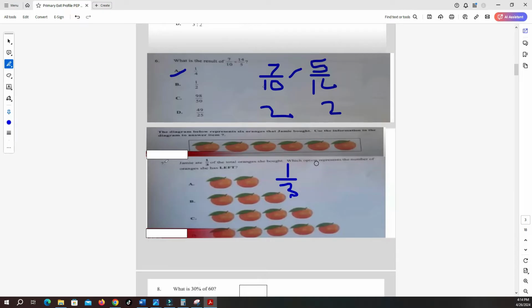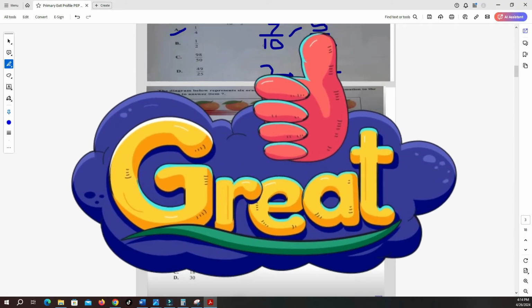And of 6, so that would be 6. So it's 3 into 3, 1, 3 into 6, 2. So 2 is left. Well, not 2 is left. She ate 2 actually. That almost tricked me just now. So she ate 1/3 of 6, so she ate 2. So if she had 6, that means 4 left. Wow, that almost tricked me just now.